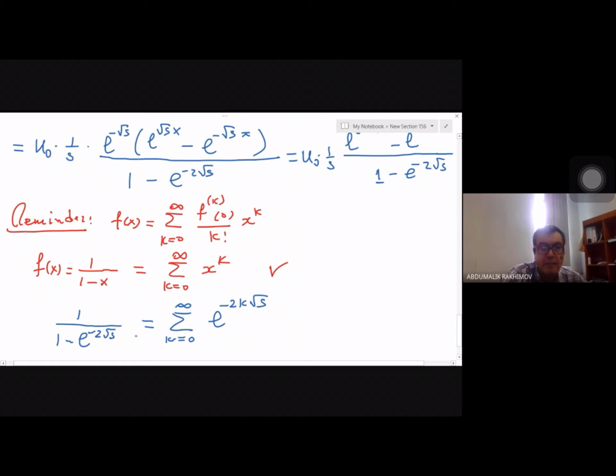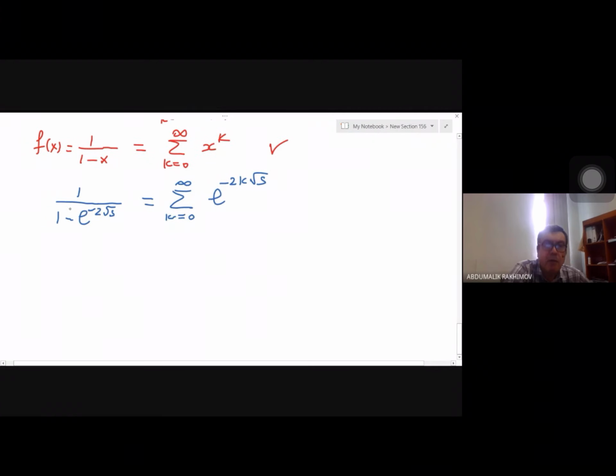It's a very beautiful formula using the Maclaurin series. Just using this Maclaurin series.